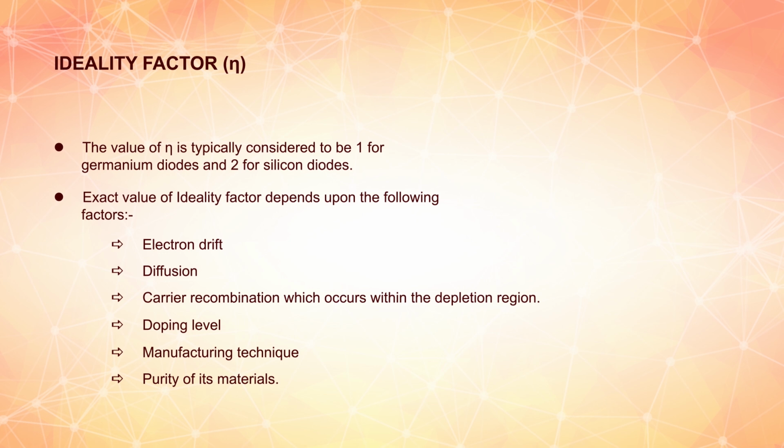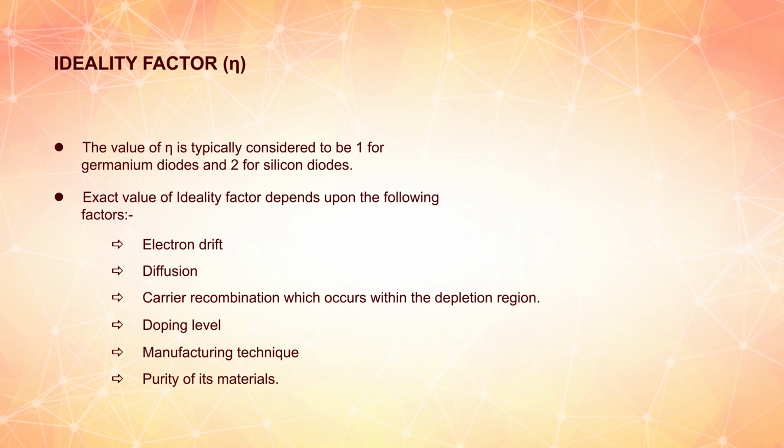The next parameter is the manufacturing technique. There are certain techniques by which diodes can be made, and when diodes are made by different techniques, they have different ideality factors. And last is the purity of the material.